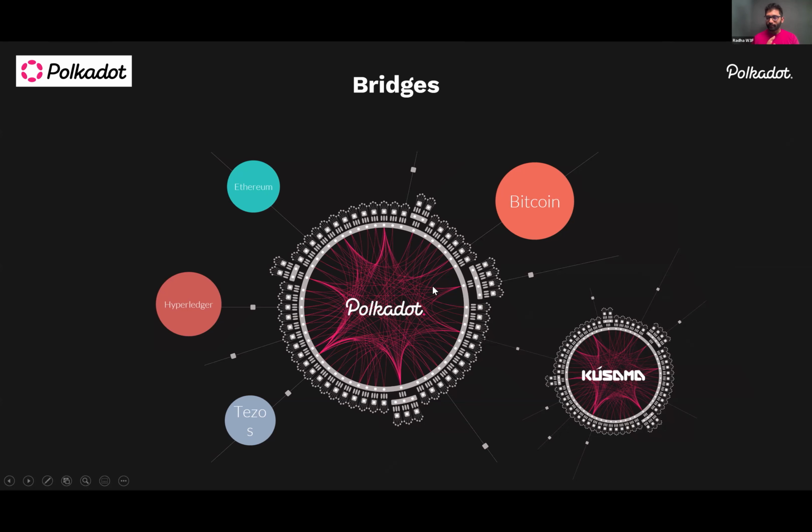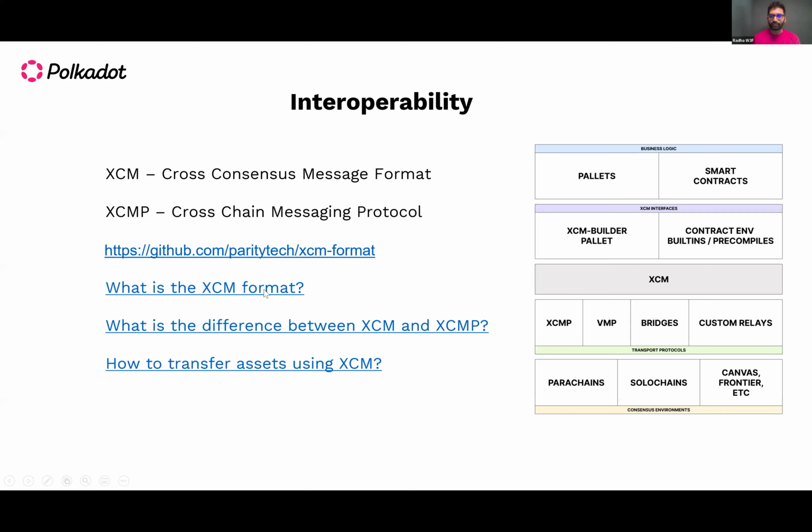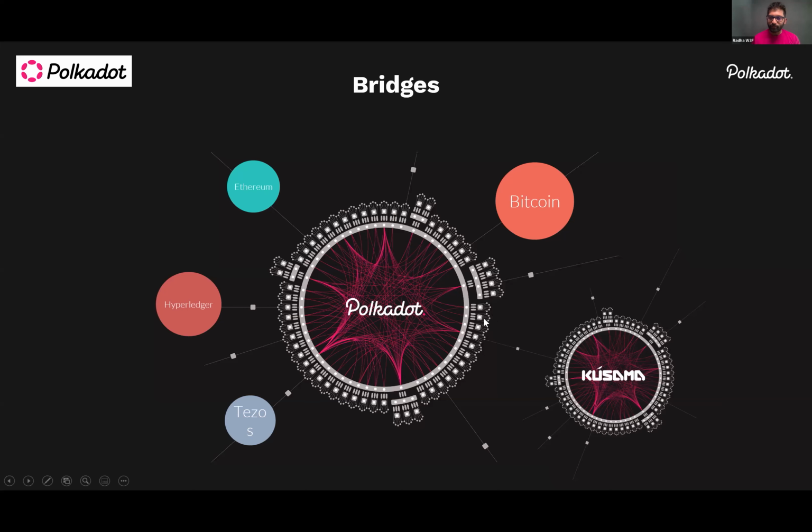That sort of communication is taken care of by these standards. So XCMP is the cross-chain messaging protocol. VMP is vertical message passing. You could also send messages to the relay chain and also download messages from the relay chain.